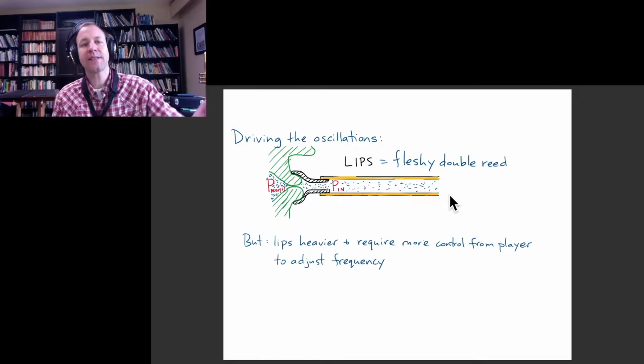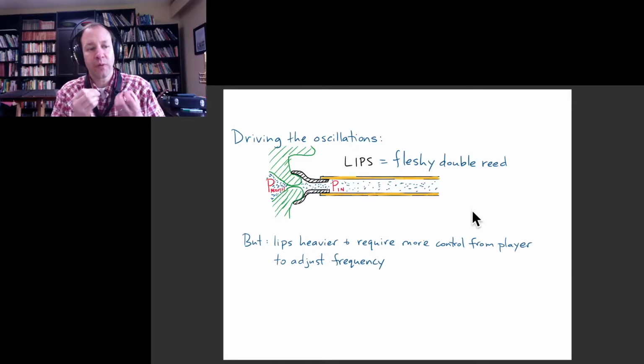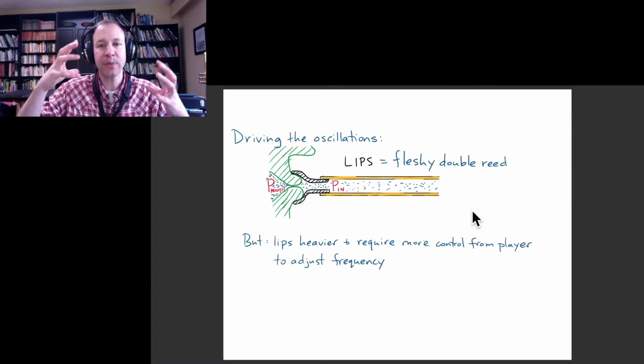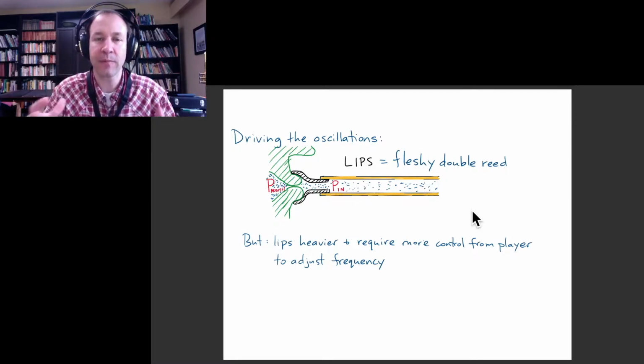Well, the brass instruments, the oscillation is driven through the vibration of your lips in the mouthpiece. And the physics is not that much different from the physics of a double reed. So you can think of your lips as just being a fleshy double reed that you shove into the mouthpiece.